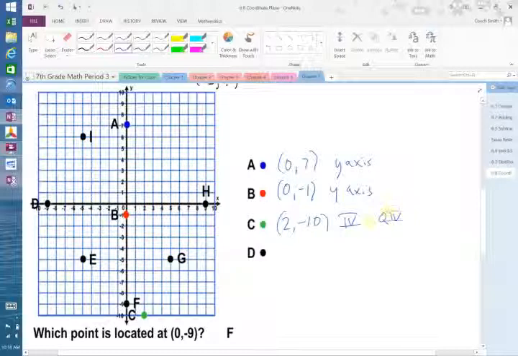Either one is okay. What about D? Cameron? -9 and 0. Yes. Joshua, what's its location, not its coordinates? Yes, x-axis.